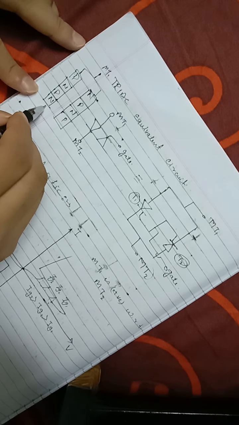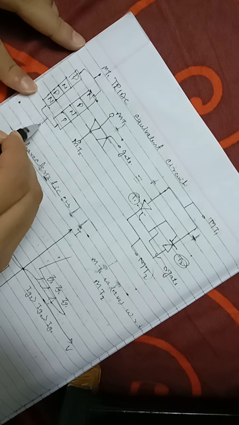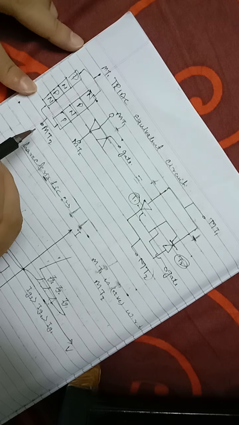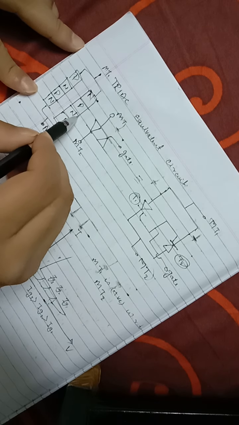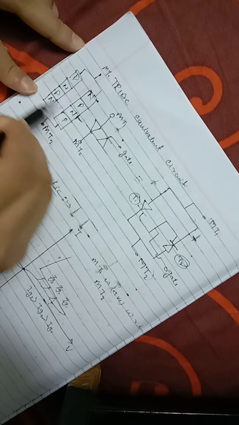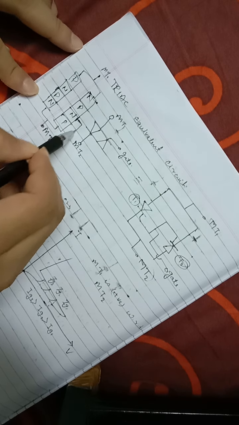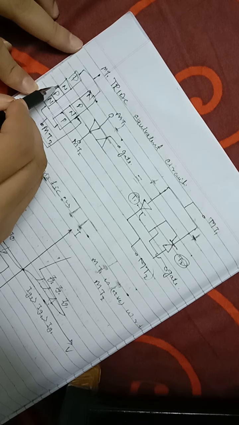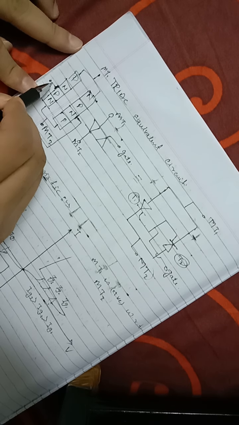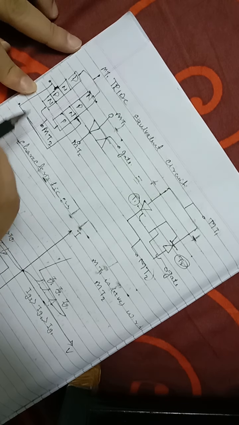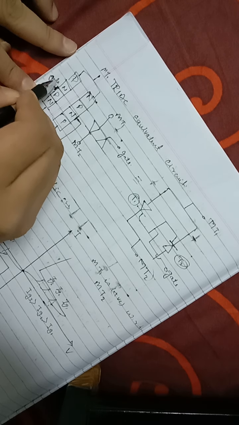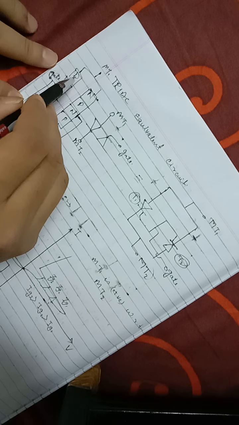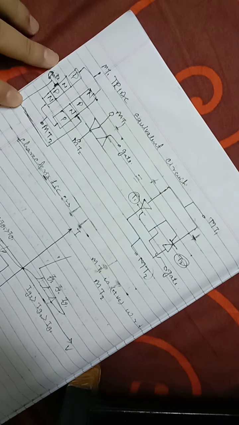You connect these other two and call it MT2. And you short the gates and call it the common gate. This is the common gate of both the PNPN and the NPNP.